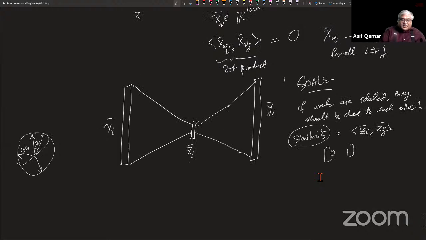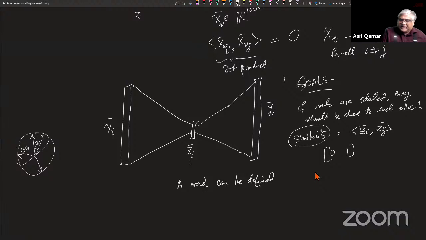The statement is, a word can be defined, or maybe represented, by the company it keeps.